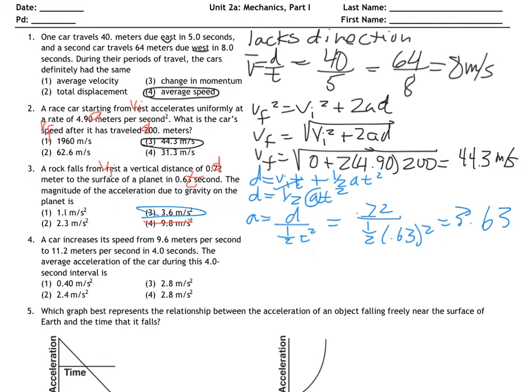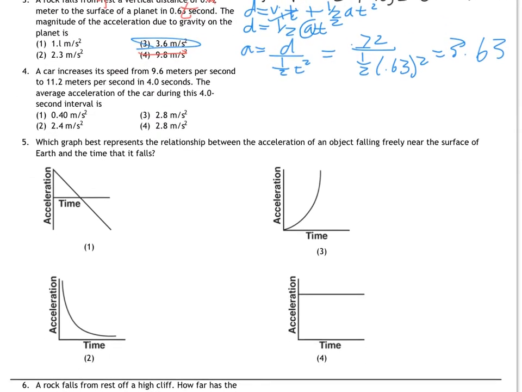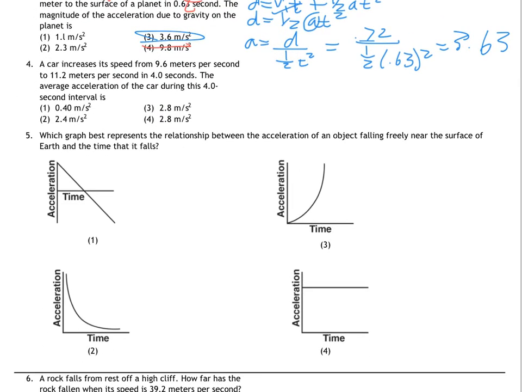Okay, next question. A car increases its speed from 9.6 meters per second to 11.2 meters per second in 4 seconds. The average acceleration of the car during this 4-second interval. So I think the best equation to use here would just be the standard equation for acceleration, which is the change in v over t.